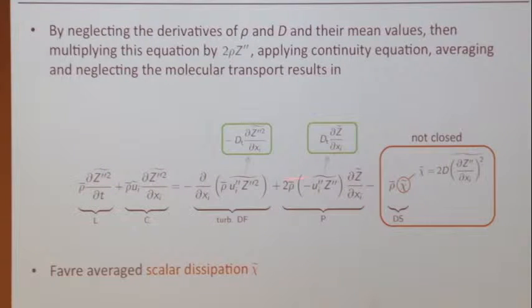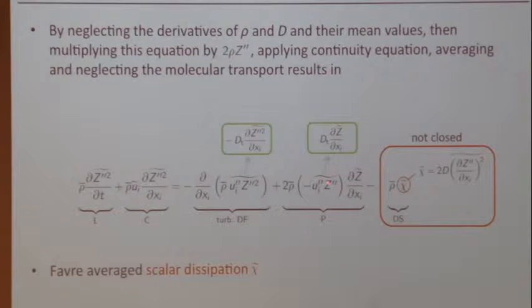But then this equation is again very similar to the kinetic energy equation in the sense that you have here the unsteady term and the convection term, or the advection term, and then here we have a turbulent transport term. We just model this again with a gradient transport assumption, and then here we have a production term, and that depends on this term that is the equivalent to the Reynolds stress tensor.